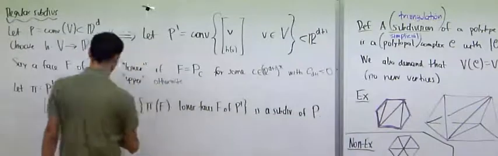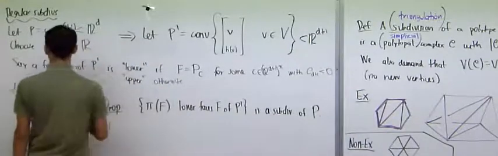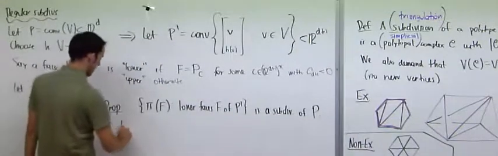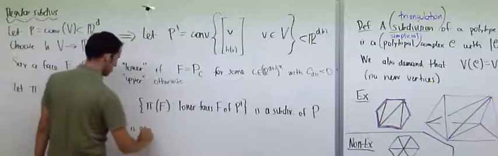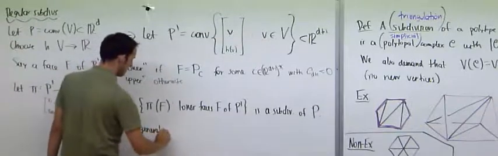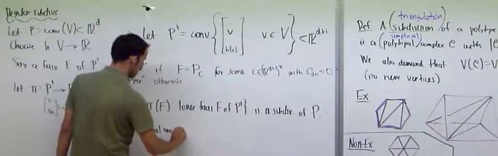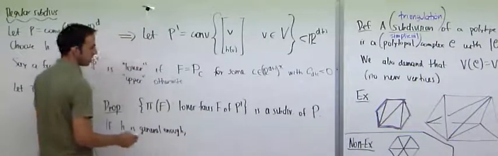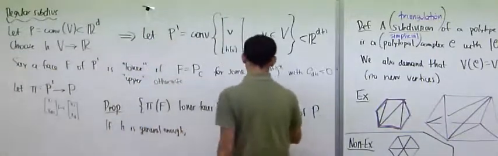And so this is for any height. And if my height is generic, if it is general enough, then it is a triangulation.